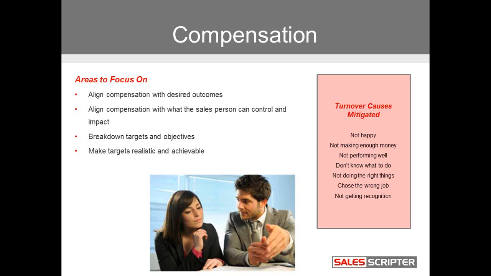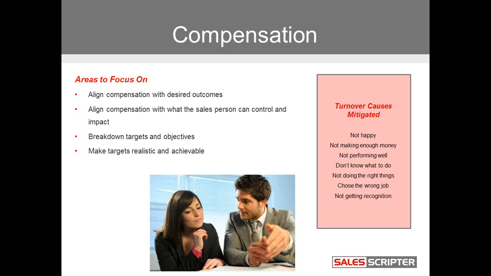Maybe some of this is a no-brainer, but aligning compensation plans with the desired outcomes. I've worked for sales jobs where I had a big quota and the things that I was doing as a salesperson were not really impacting that quota. I either ended up getting paid or I ended up not getting paid, and what I was assigned to do really wasn't impacting that.